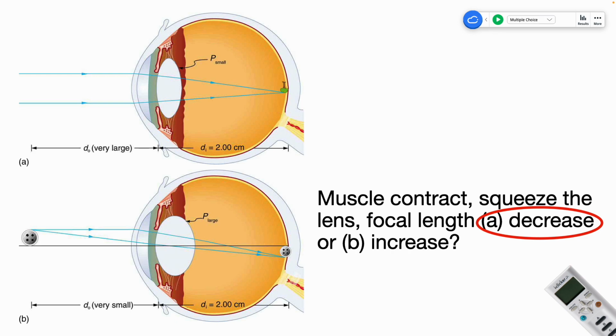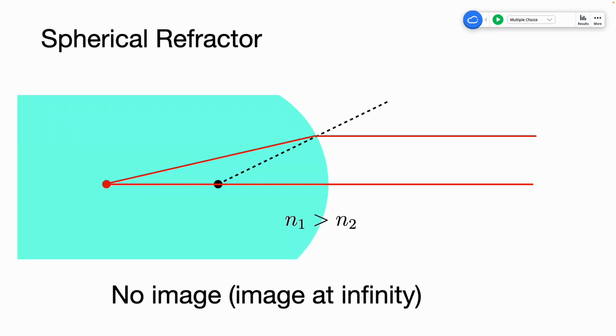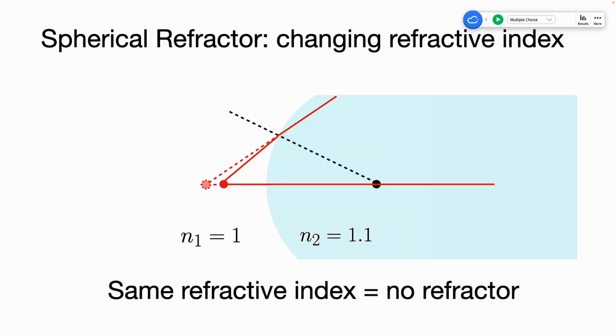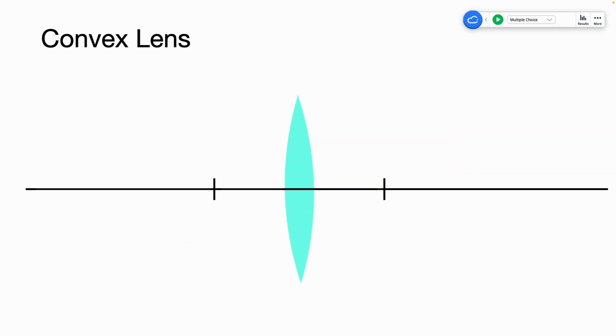because if you don't have the lens, then it basically corresponds to an infinite focal length. What the lens does is focus the light at one point.